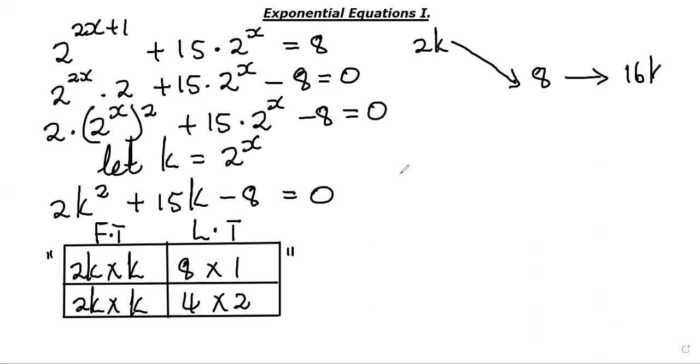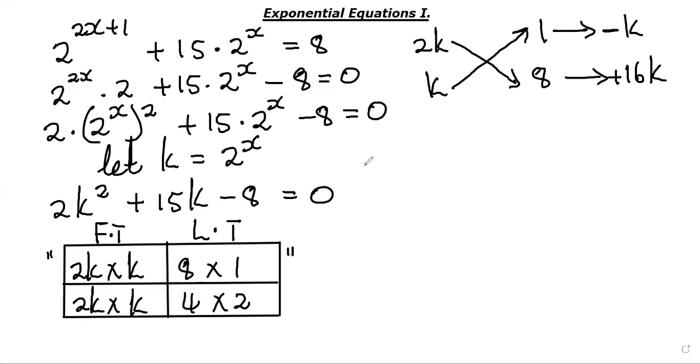This is how you'll write it. Then you come and say k multiplied by 1 will just give me k. Then you say, what is the sign of 16k and the sign of k? So that if I add these two, I get positive 15. Then you can see that 16k has to be positive and negative k has to be negative.